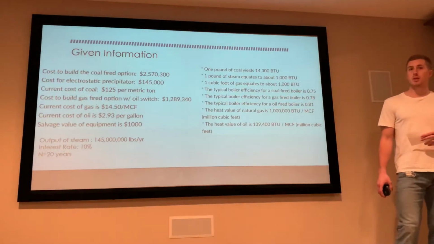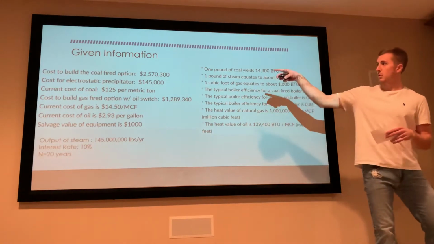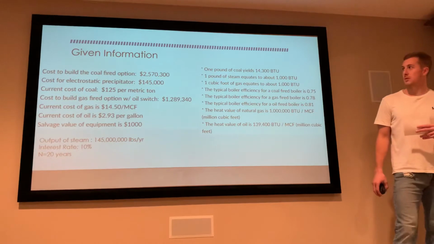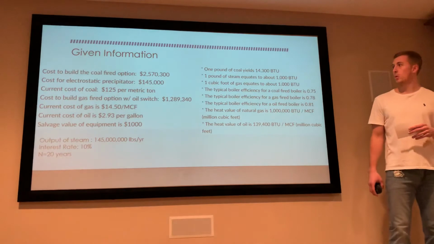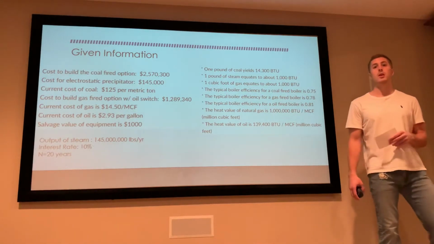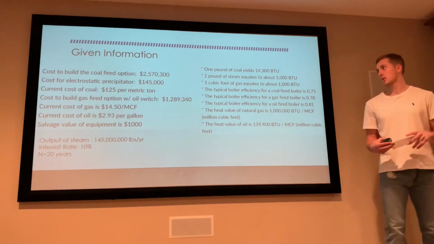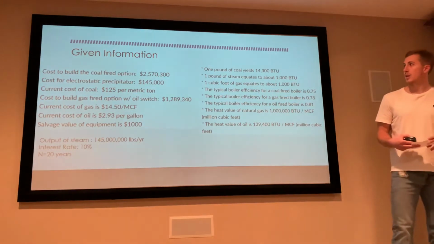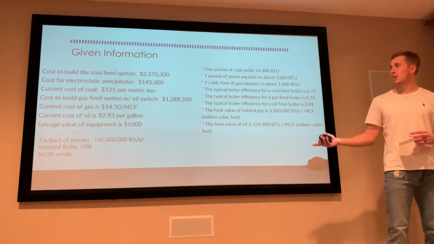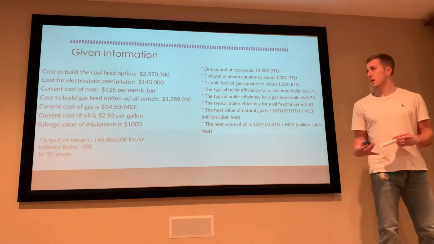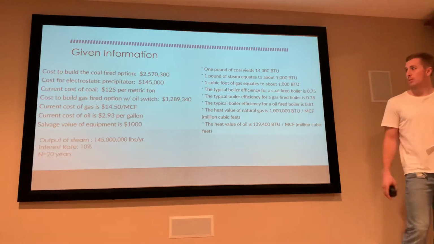So this is some given information. I'm not going to read through all of this, but some of the given information is for coal. It gives the cost to build the operation, and also requires an electrostatic precipitator to reduce emissions, so we must add that into the cost to construct the coal operation. It also gives the current cost of coal per metric ton, the cost to build the gas and oil switch-off setup, the current cost of gas, and the current cost of oil.